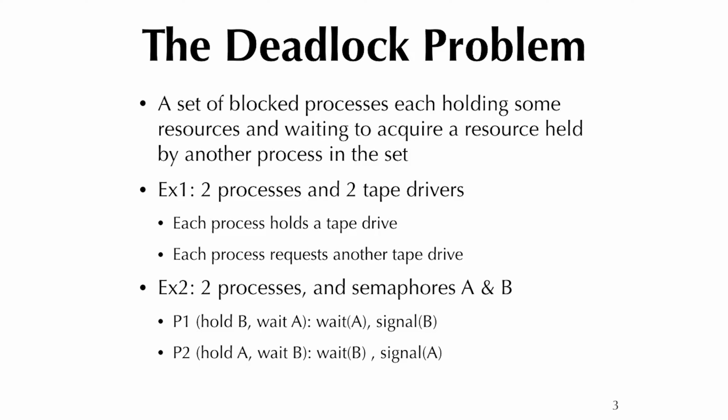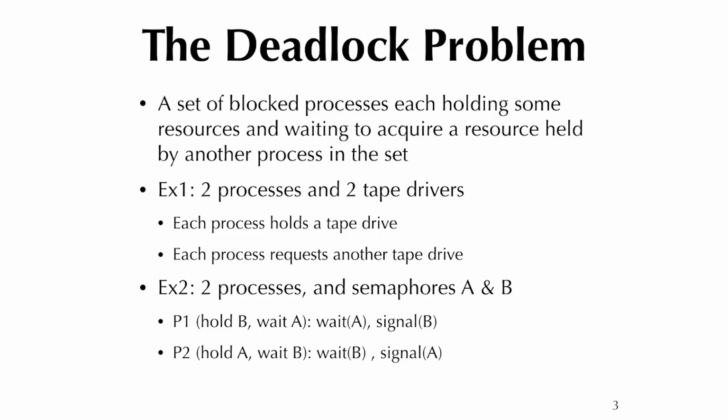Another example is you have two processes. They don't have to be physical resources. They could be just semaphores, right? Semaphores A and B. P1 holds B, waiting for A. So it does a wait on A, then it will do the signal on B. That means you're not just doing a wait on a single semaphore.